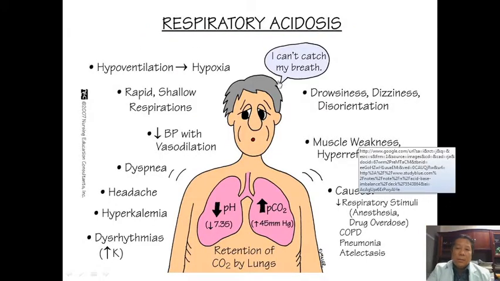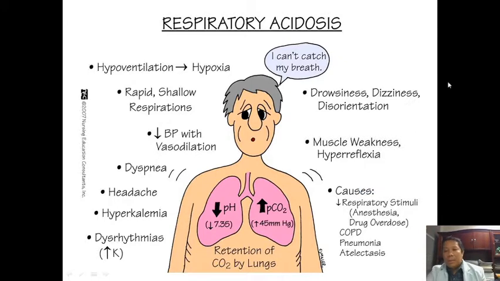So, for acidosis, remember we have two types, either respiratory acidosis or metabolic acidosis. A lot of times respiratory acidosis is caused by depression of the respiratory center or decreased respiratory rate. Let's say the patient was given too much narcotics or too much anesthesia, decreasing the respiratory rate.